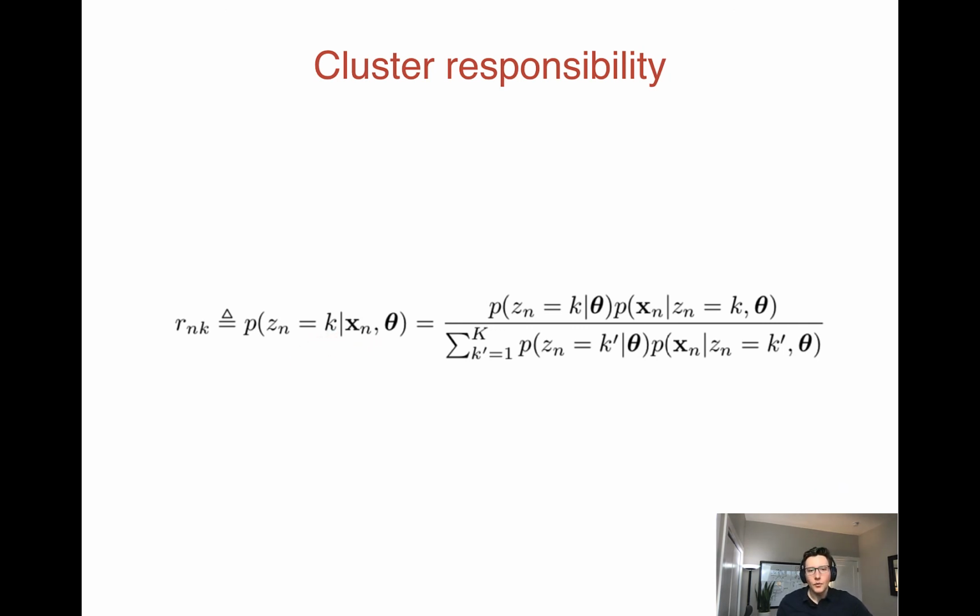Well, we can just use Bayes' rule to figure that out. Here I've just written out Bayes' rule, which is exactly what to expect. It's this probability here. This is pi k. This thing here is just our pk distribution. And to get the denominator, notice we have to sum over all the different clusters.